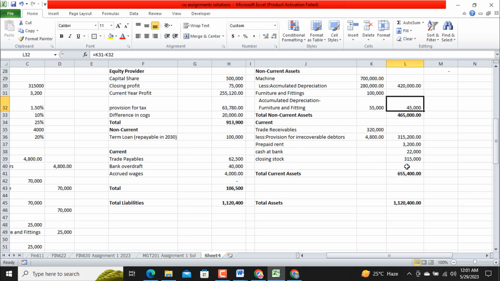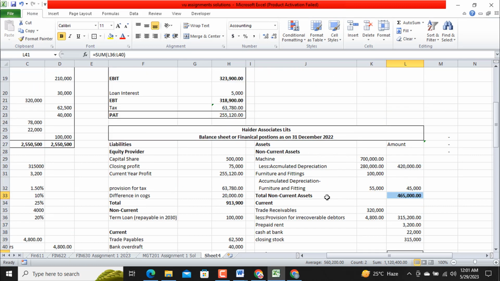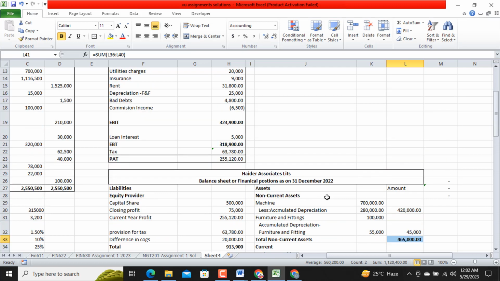Closing stock is 350,000. Adding all these up, we get 655,400. By adding total non-current assets and total current assets, we get 1,120,400. So both sides are equal, which means our solution is correct.